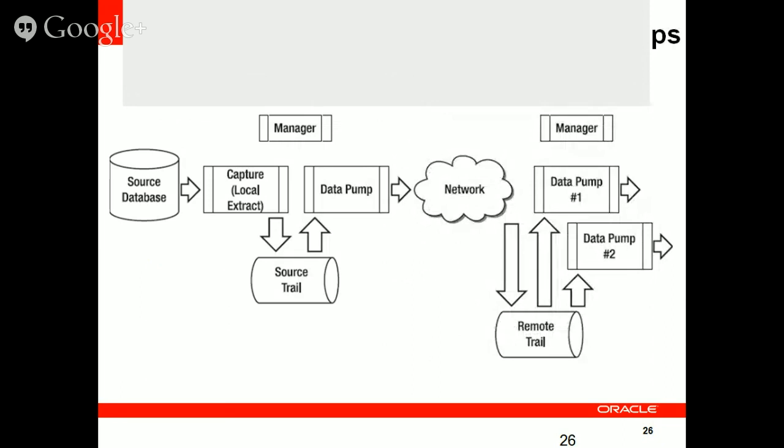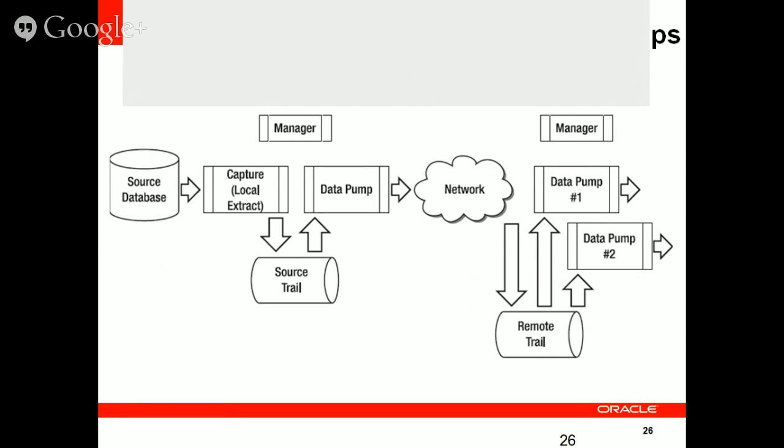So if you want to use the data pump process along with the extract process, this architecture of GoldenGate is with extract plus data pump process. As we had discussed earlier, the extract process is going to capture the committed changes of the source database in the source trail or local trail.